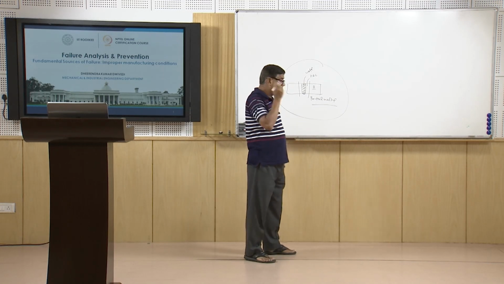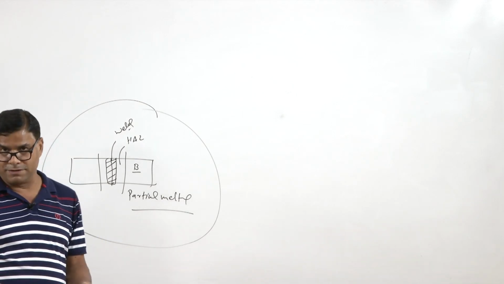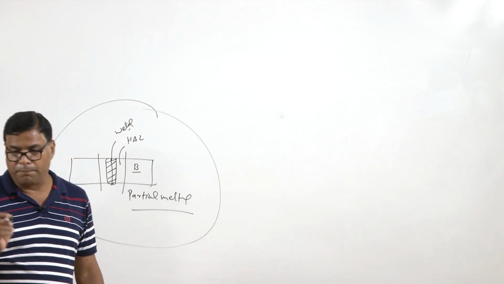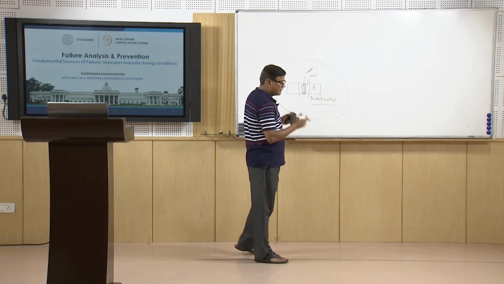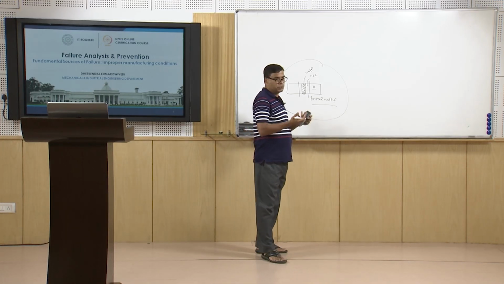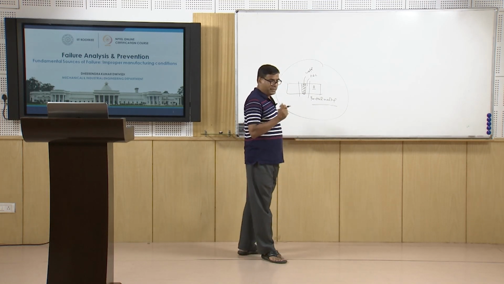So, we try to make efforts in such a way that at least the joint can sustain the service load conditions, but if the process selection is improper, if the procedures are not followed properly, if the post weld heat treatments are not performed properly, then it will lead to the presence of a lot of discontinuities in the weld joint, a lot of weaknesses in the heat affected zone, and which will cause the premature failure of the weld joint.